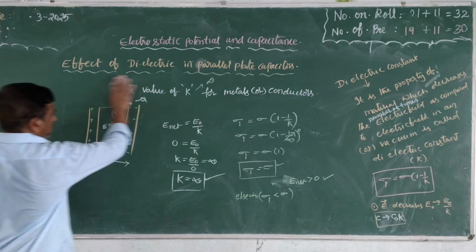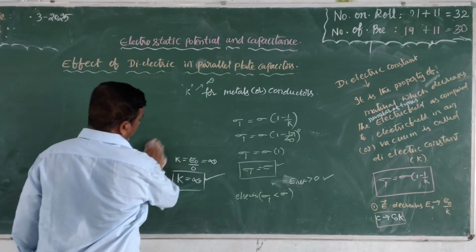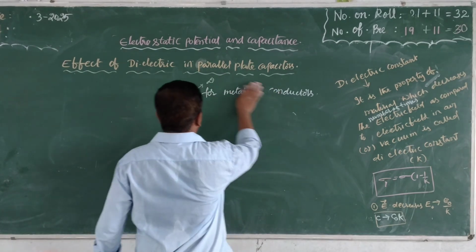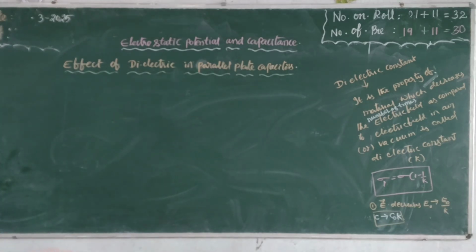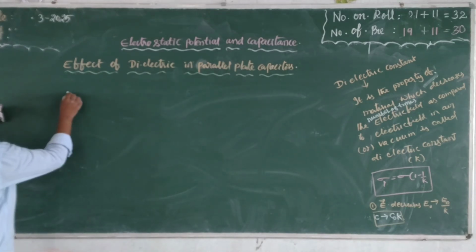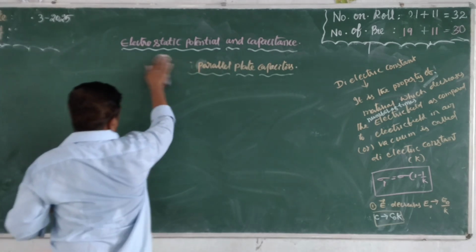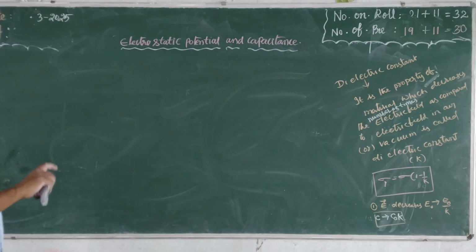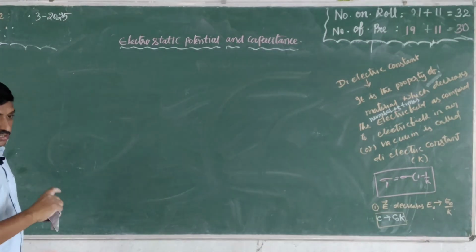So this is about the K value for metal: infinity. Next, what is the capacitance of a parallel plate capacitor when it is partially filled with dielectric? The effect of a dielectric is understood now. When a dielectric is placed, the electric field decreases from E naught to E naught by K, the potential from V naught to V naught by K, and the capacitance increases K times.